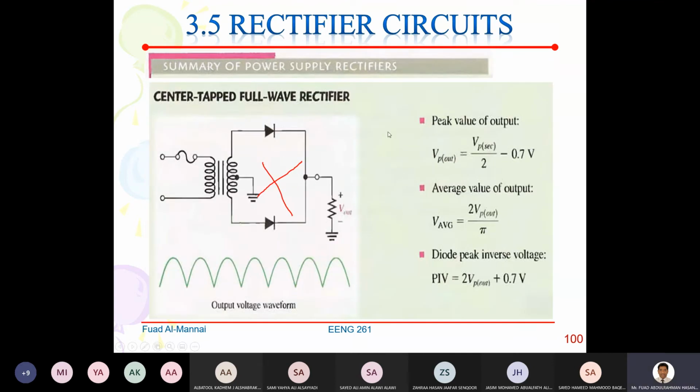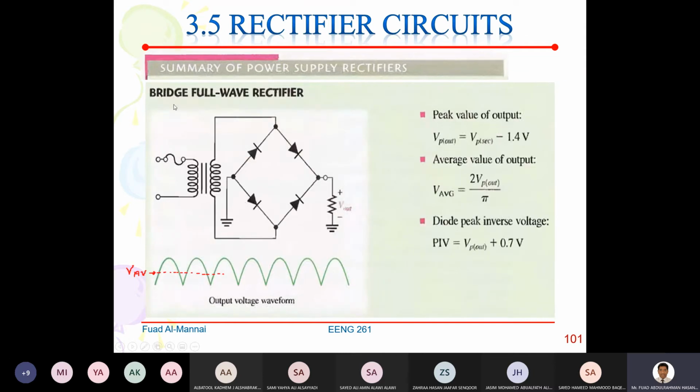Center tap, we haven't taken it. But we took the bridge full-wave rectifier.